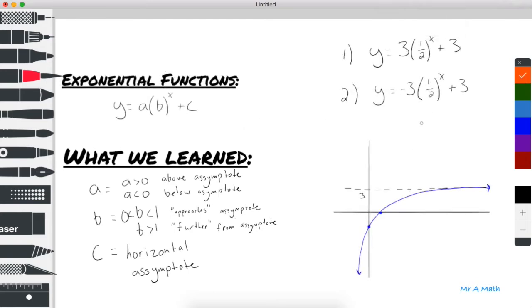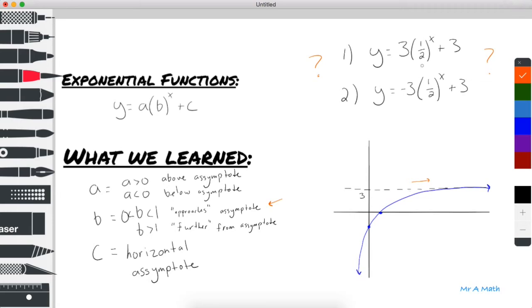So here we have a function. I don't know what the equation is. The question I want to answer is which of these functions best describes this graph? Well, based on what we know, as this function goes to the right, my function approaches my horizontal asymptote. So since it approaches the horizontal asymptote, we should probably expect that b is going to be somewhere between 1 and 0.